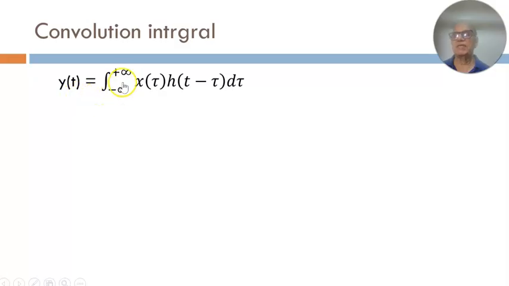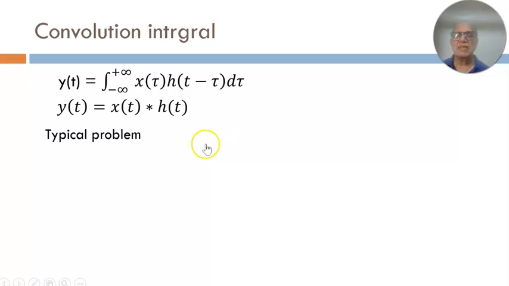So y(t) equals the integral from minus infinity to plus infinity of x(tau) h(t minus tau) d tau. This is called the convolution integral and is in short denoted as y(t) equals x(t) star h(t). Normally in programming languages we use star as multiplication, but in theoretical discussions we use star here to denote that it's a convolution between x(t) and h(t).